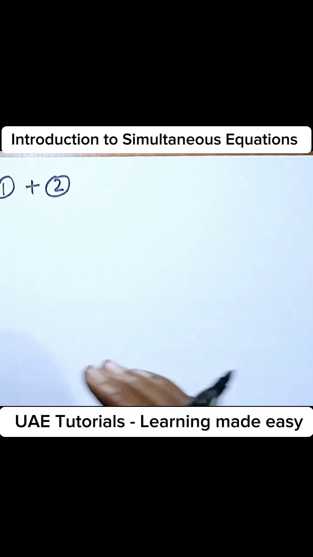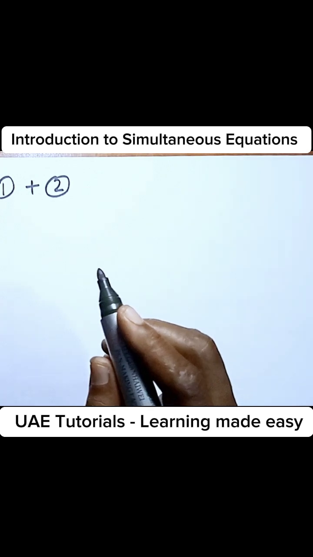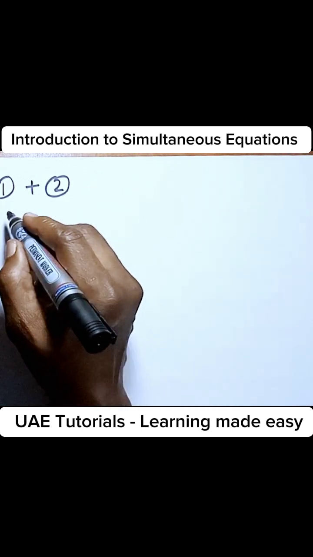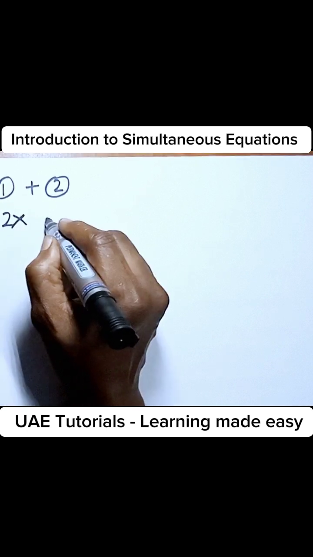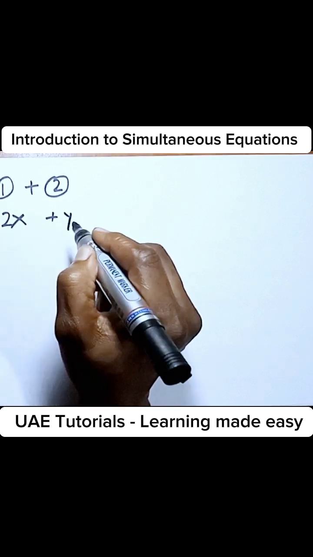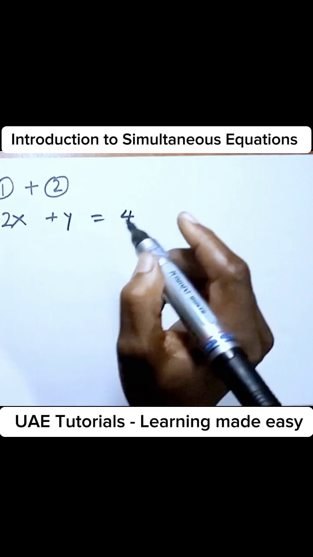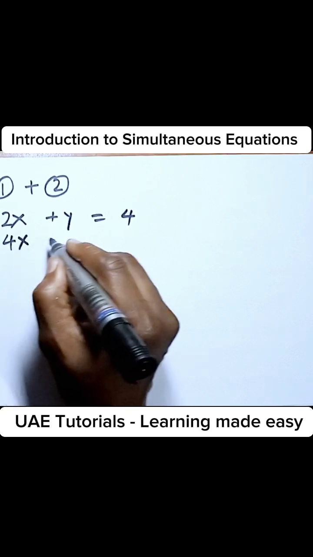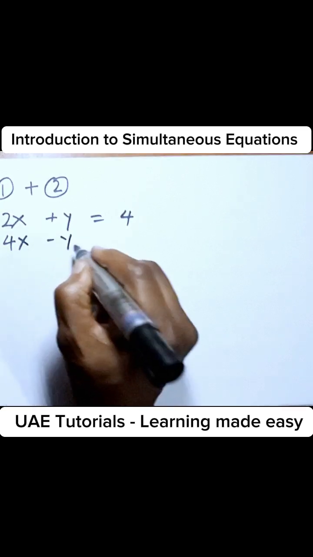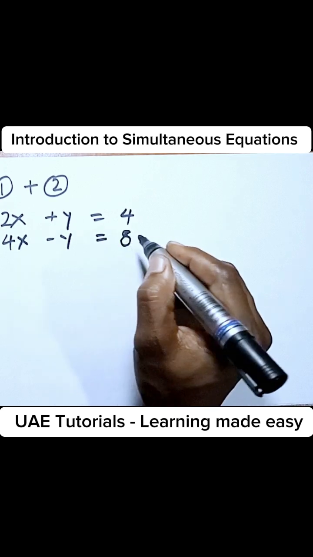So I have told myself that the first thing I'm going to do is to add equation 1 plus equation 2. And what was equation 1? Equation 1 was 2x plus y, which gave me 4. And equation 2 was 4x minus y, which gave me 8.